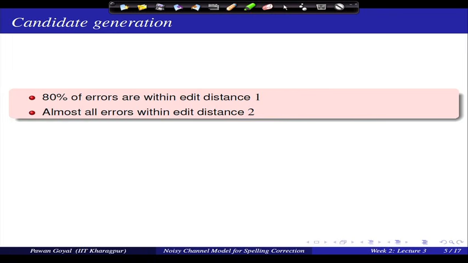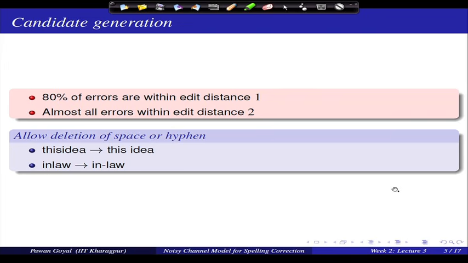Maybe 1 will do for most of the cases. So that's what we did in the previous example. Starting from across, we found all the candidates within a distance of 1. And while generating the candidates, I might also allow for deletion of space and hyphen. So if I have a word like this idea without a space, I might allow this idea with a space. And similarly for hyphens, inlaw to in-law with a hyphen.